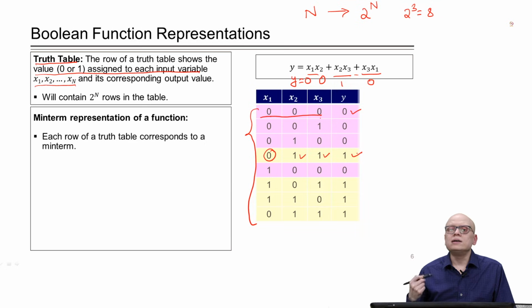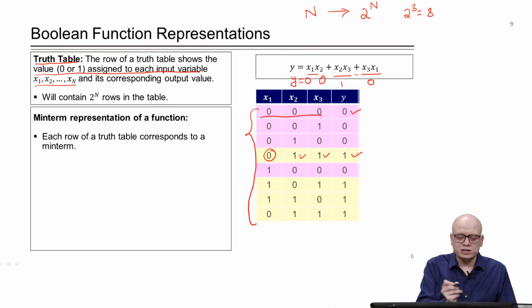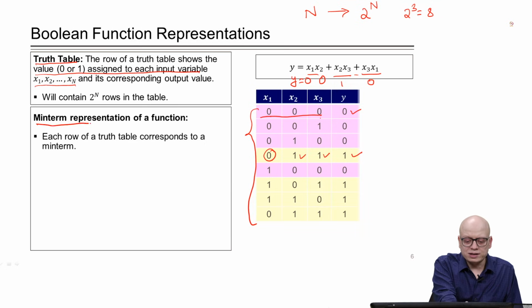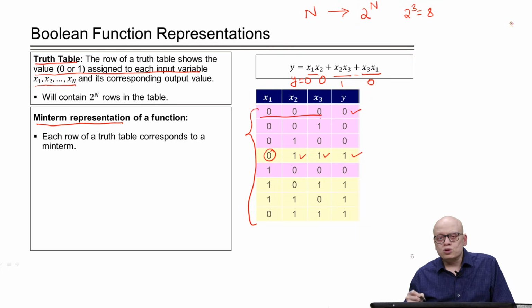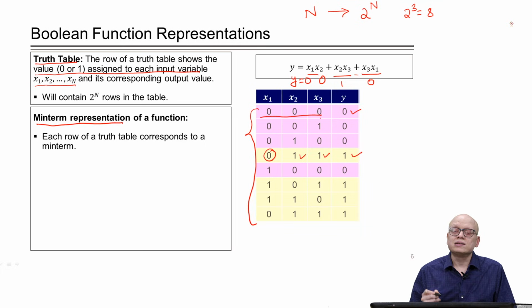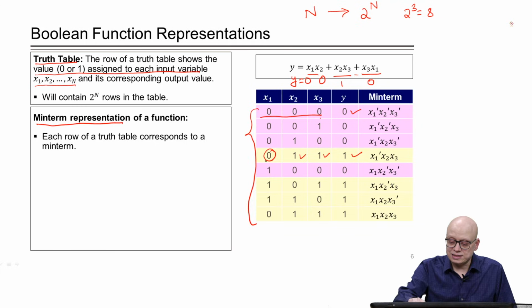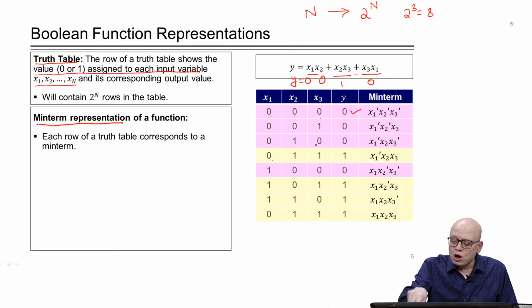Now, let us look at another representation of a Boolean function, which is known as minterm representation. Corresponding to each row in the truth table, we can associate a minterm with it. So how do we construct the minterm for a given row of the truth table?